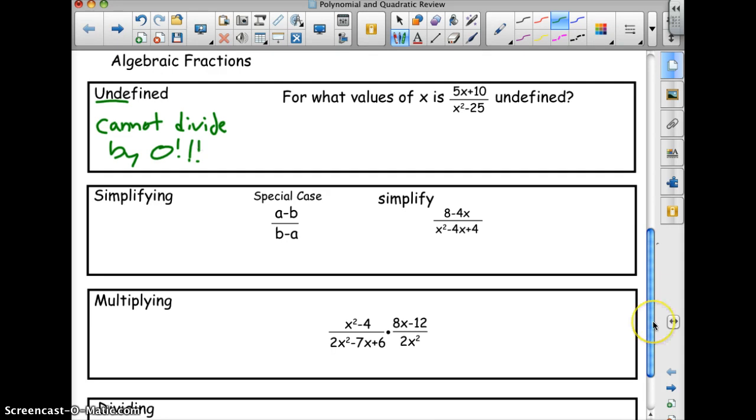I'm looking for what values of x this expression is undefined. That's going to happen when x squared minus 25 is equal to 0. And that's going to be x plus 5, x minus 5. Factor each one of those, and I can solve that. And then that's quite obvious from inspection that negative 5 is going to cause it to be undefined, and so is positive 5.